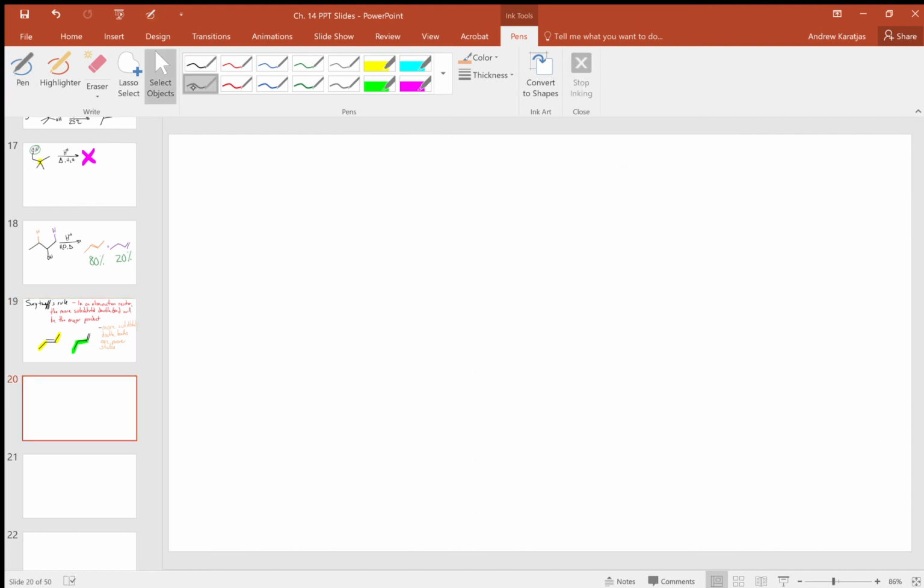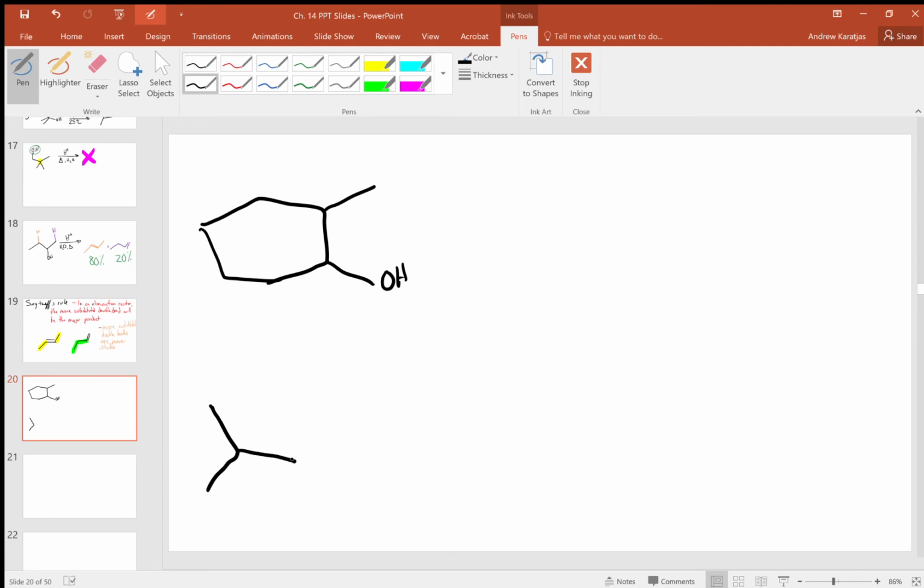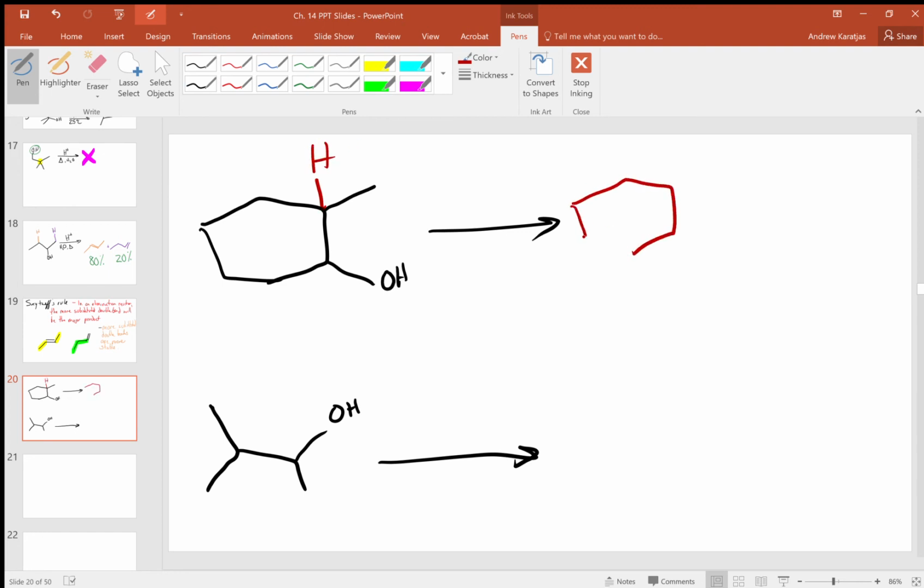So let's look at a couple more examples. So for both of these, again, it matters where we remove the hydrogen from. And we've got two options. Up here we could remove this one, which leads us to that product.